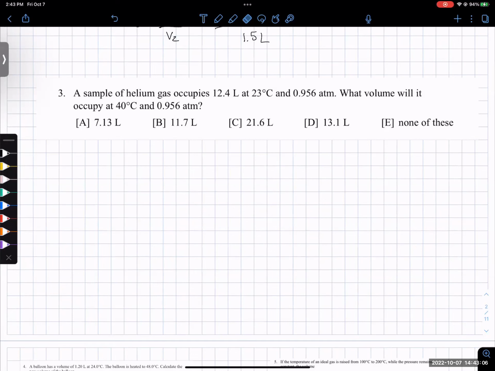Okay, maybe about 20 more seconds. Before you tell me the answer, tell me what equation we're using here.